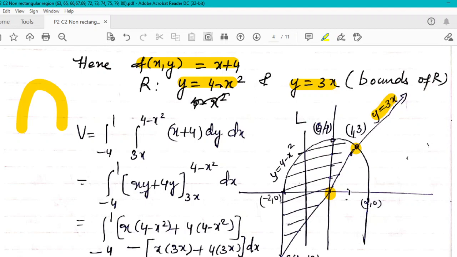Because if we take x square, we get x square equal to 4 minus y. The coefficient of y is a negative value, so you'll be getting a parabola of this form.